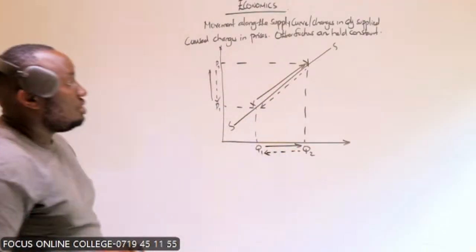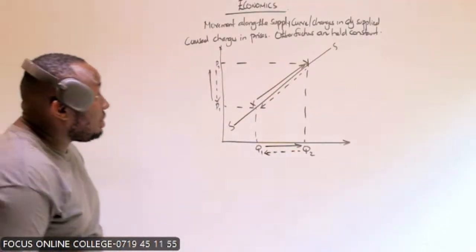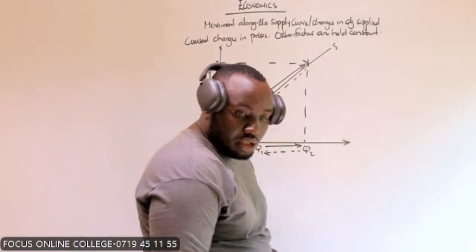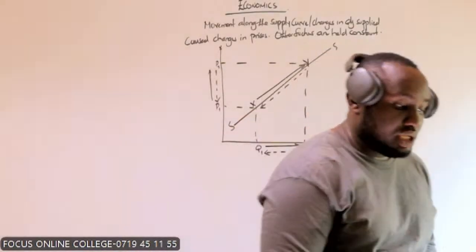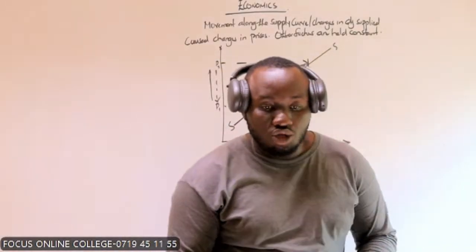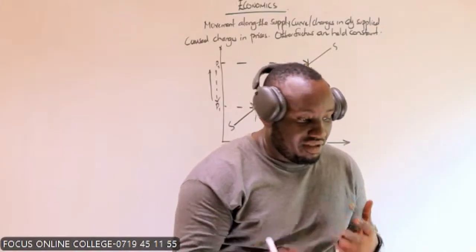So at the back of your mind, you need to understand that movement along the supply curve is basically caused by changes in price, and other factors are held constant.